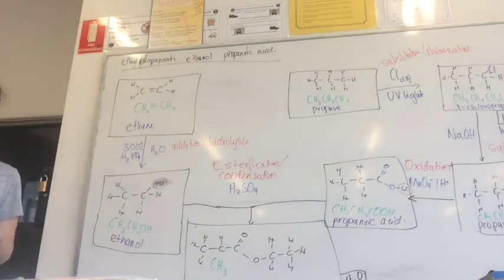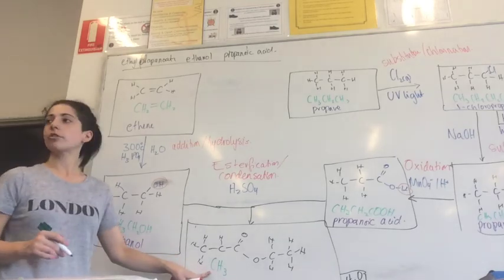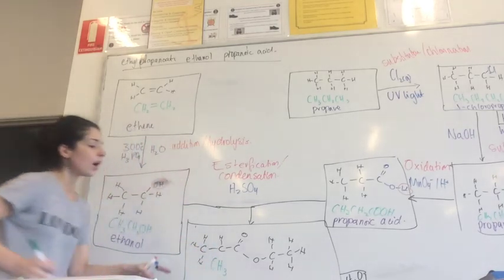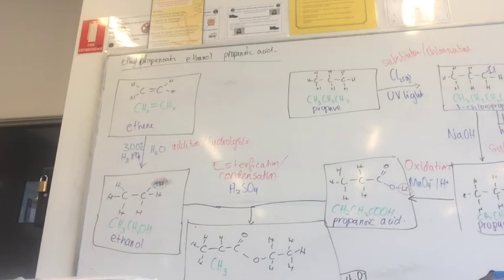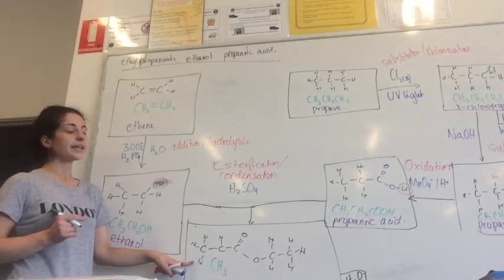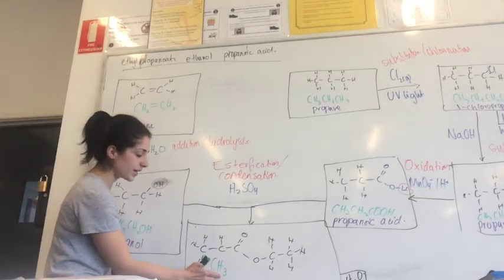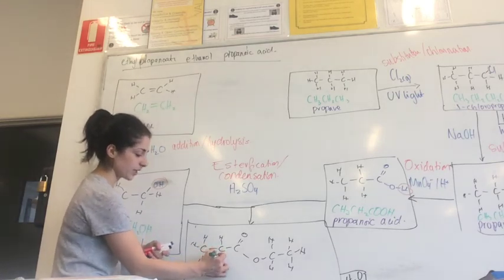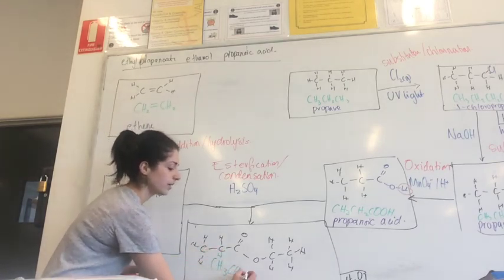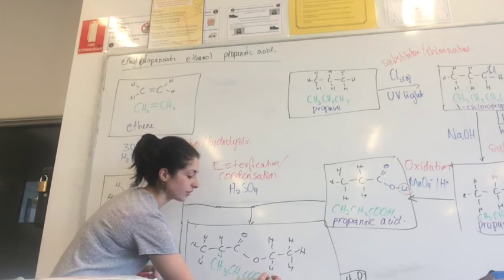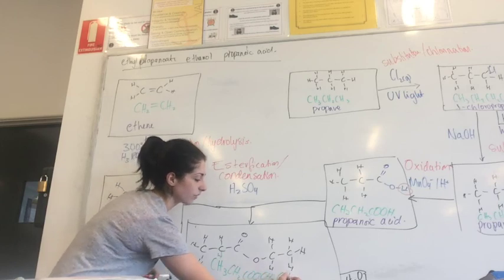Yep. So CH3, guys, I always draw my carboxyl first because when you're writing out the semi-structural formula, it makes it a little bit easier. You just go CH3, CH2, C double O, CH2, CH3.